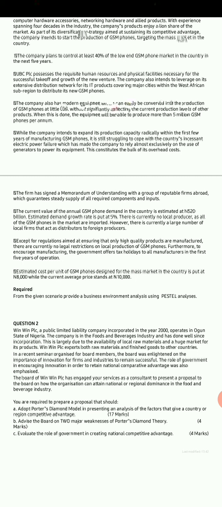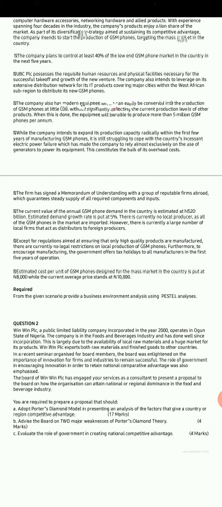So yeah, we're only able to identify the technological factor, which was that the company also has modern equipment. Then okay, they also made mention of the legal aspect, but they only said there are no legal restrictions.